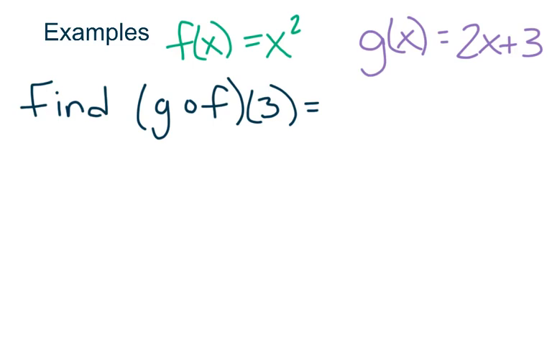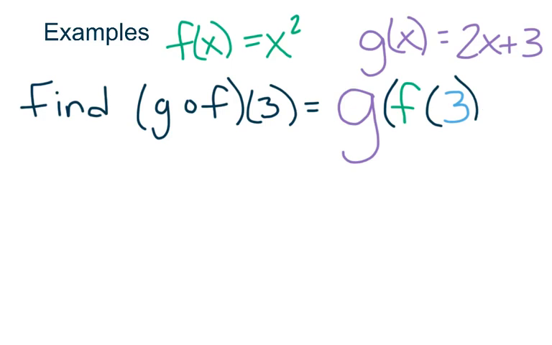Okay, so now we're going to use the same two functions we just did, but we're going to find g of f of 3. So g is our first one. It's going to be our outer function. f is going to be our inner function, and we're still going to evaluate it for 3. So the first thing I need to work on is finding what f of 3 is.